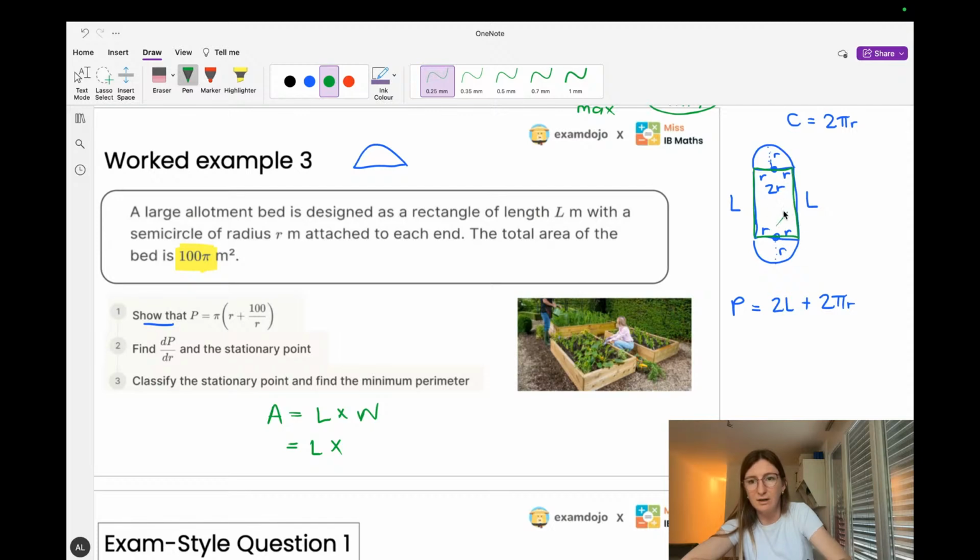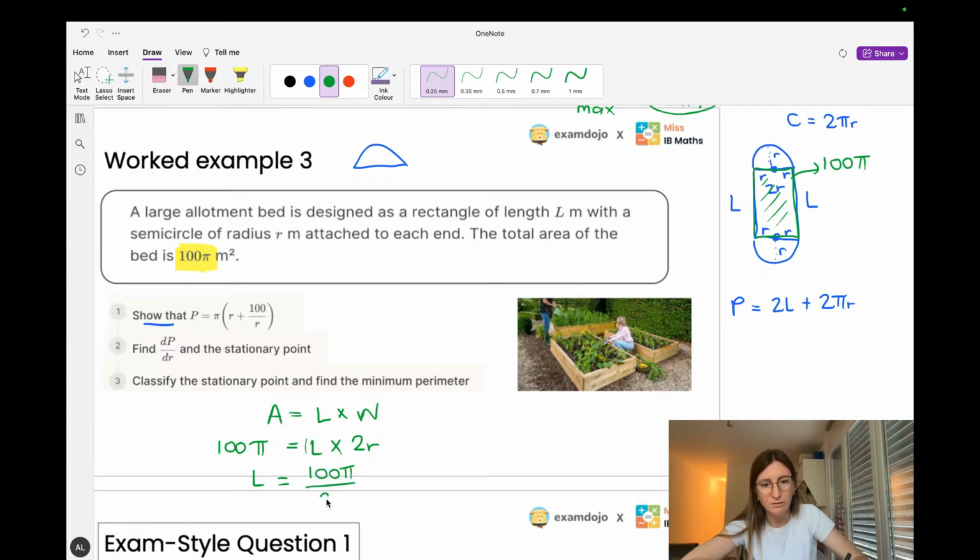They've said this area, this rectangle, is 100 pi meters squared. So the width is 2R, and they've said it's equal to 100 pi. So now what I need to do is get this in terms of just L as the subject. So to get L as the subject, I'm going to divide by 2r on the side. So I have L is equal to 100 pi over 2r.